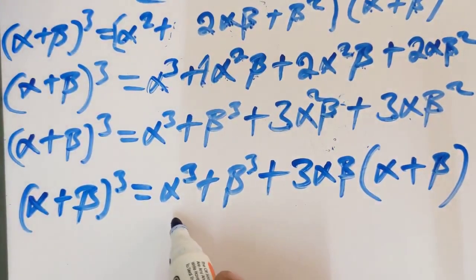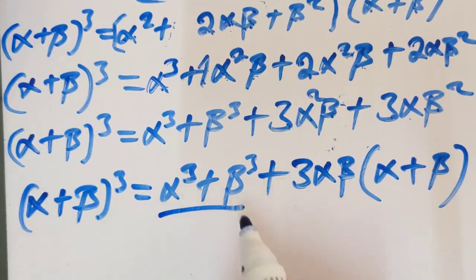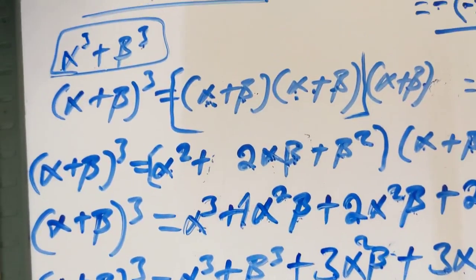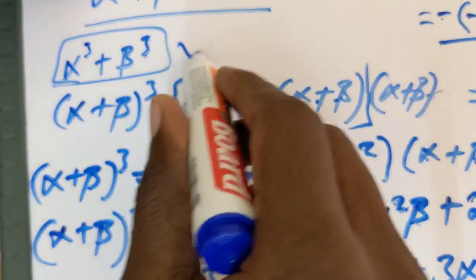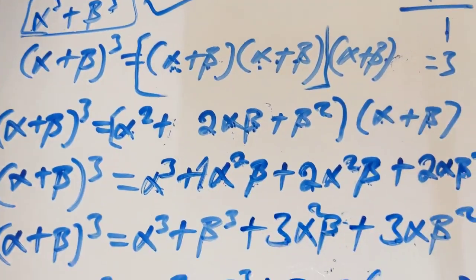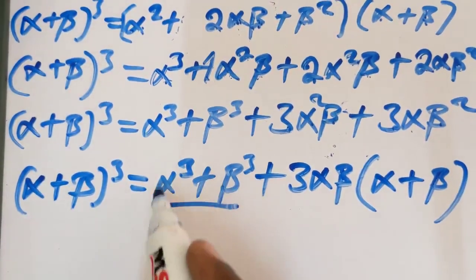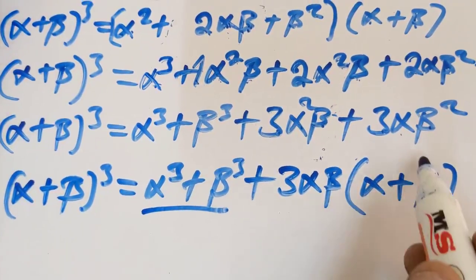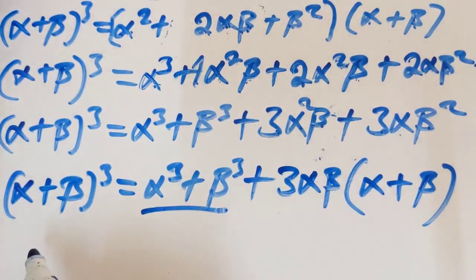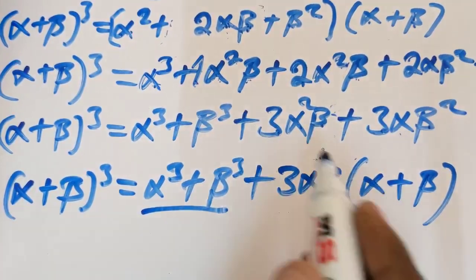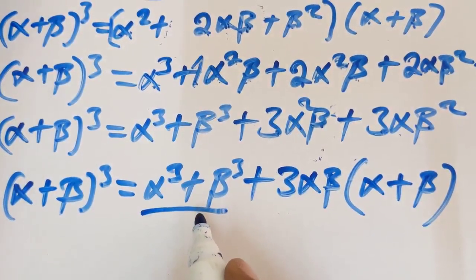So from here, you know that you need to make this the subject of the formula, because this is what we are looking for right here. We have this expression here. How do we make this one the subject? We are moving this part to the other side. That is what we're supposed to do, so that this should remain as the subject.